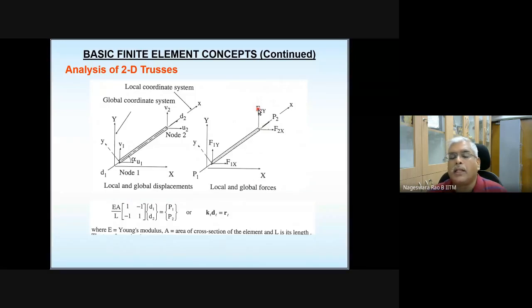These are all simple trigonometric relations, and you need to go back and see the basics.